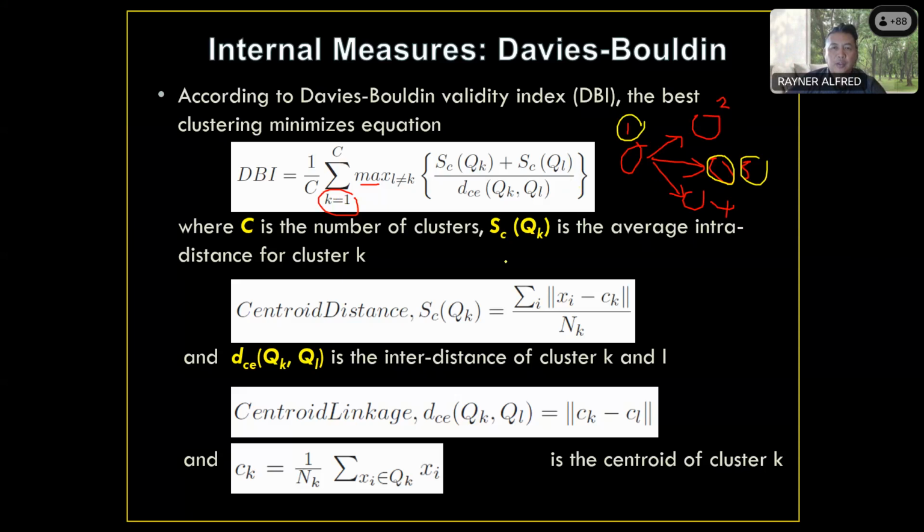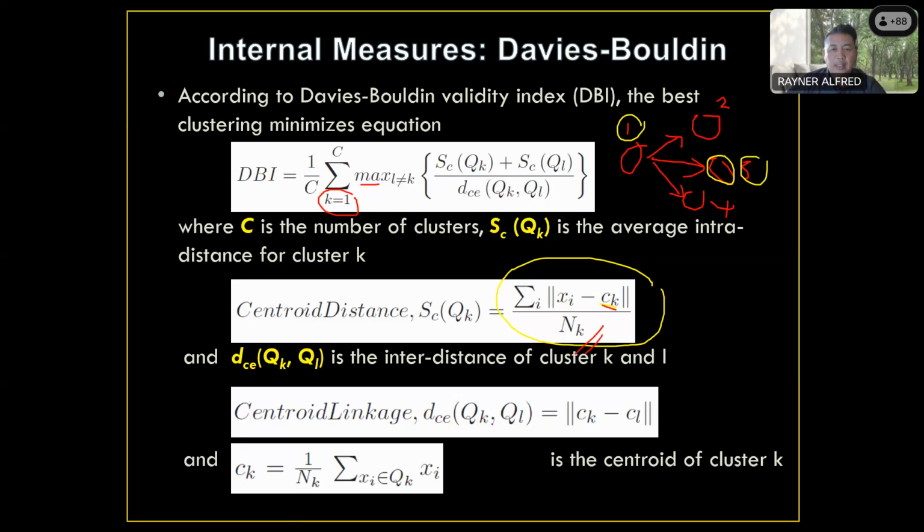Okay, so I will show you step by step on how to compute this. To find the compactness, we are looking at the distance between all the member to the center and divide by the number of member in the cluster.